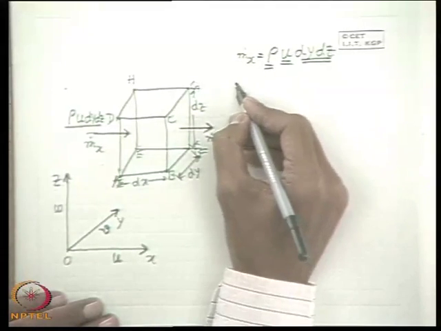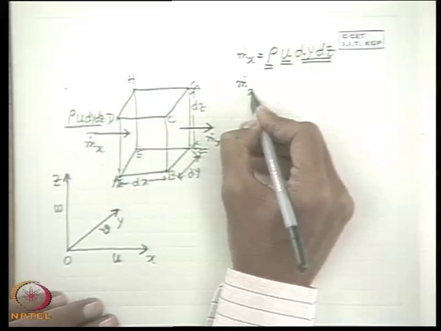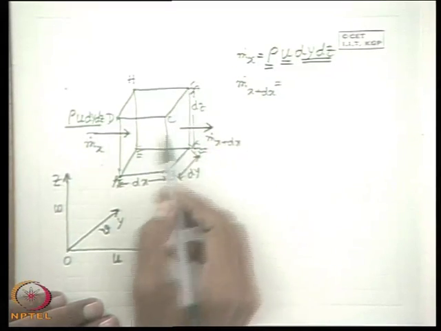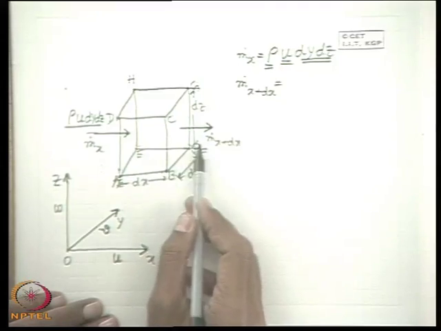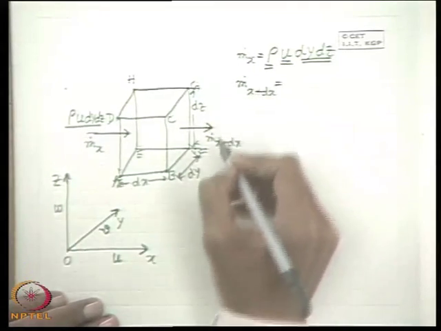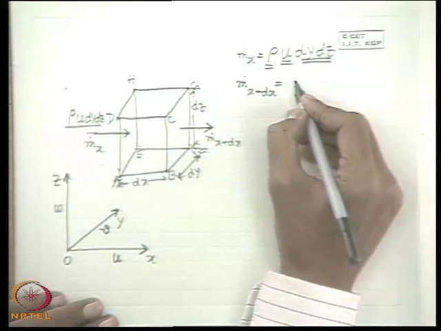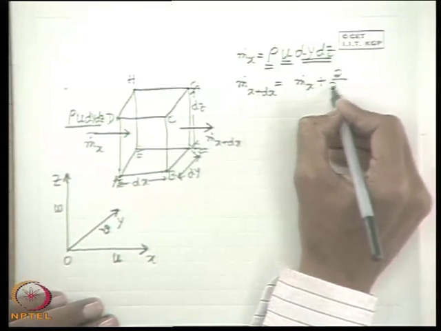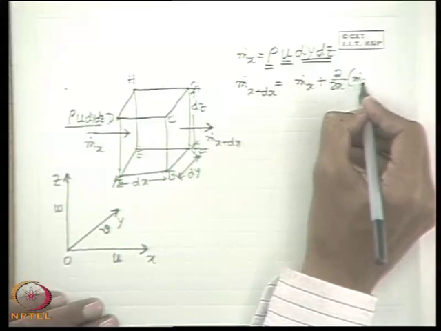So the mass flow going out from the x plane, that means from the plane parallel to this x plane, that is BFGC, which is parallel to AEHD, will be m dot x plus dx. That means it will be m dot x plus del x of m dot x dx.